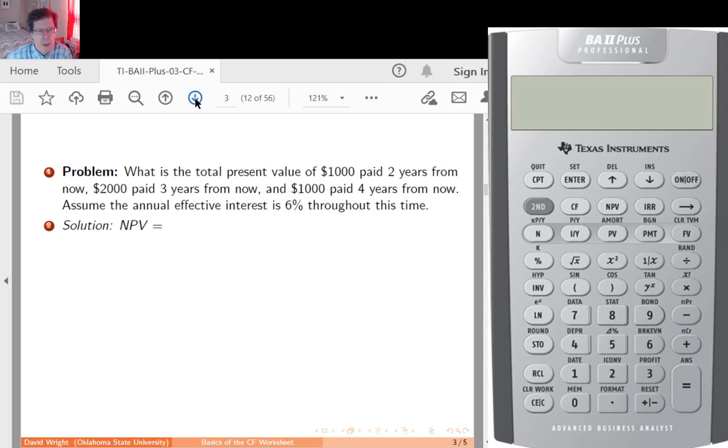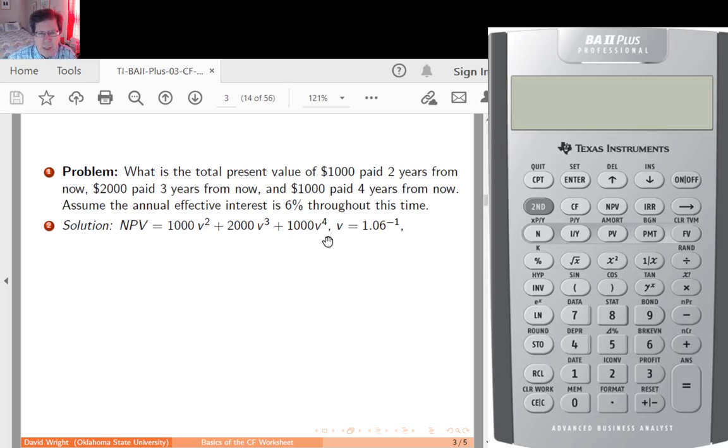Now, first of all, let's talk about how we would do this with algebra with a cash flow equation. In that case, we use the discount factor V, and the net present value would be 1,000 discounted 2 years, so that's V squared, plus 2,000 discounted 3 years, V cubed, plus 1,000 discounted 4 years, V to the fourth.